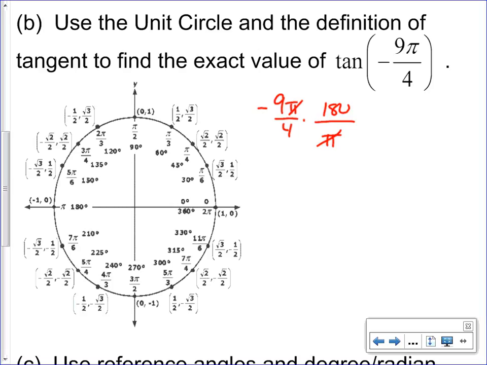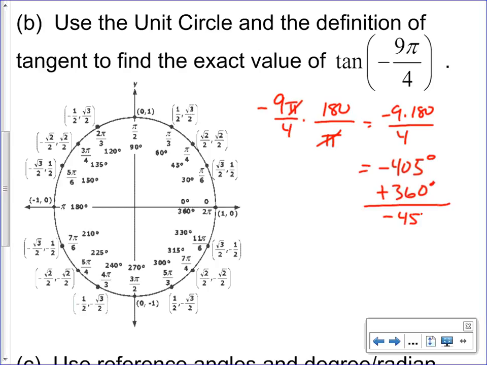The pi's cancel out, so it's just -9 times 180 divided by 4, which gives you -405 degrees. As you know, it's not between 0 and 360, so you just have to add 360 till you get to a nice number. Luckily, you only have to do it a couple times. You're at -45 degrees.